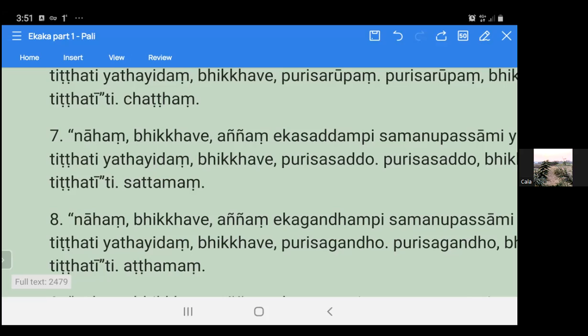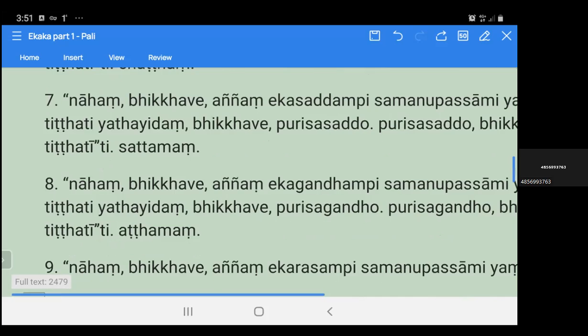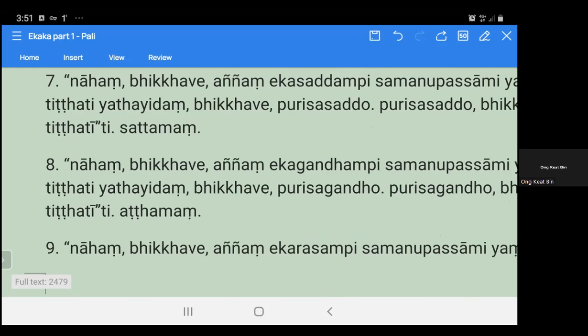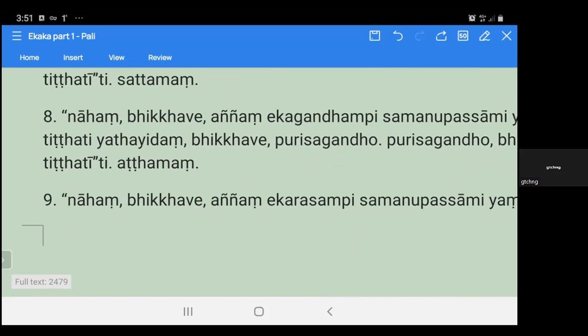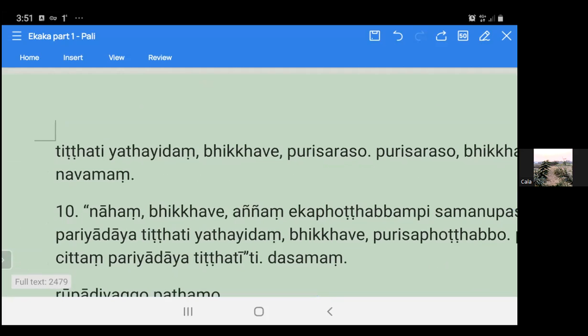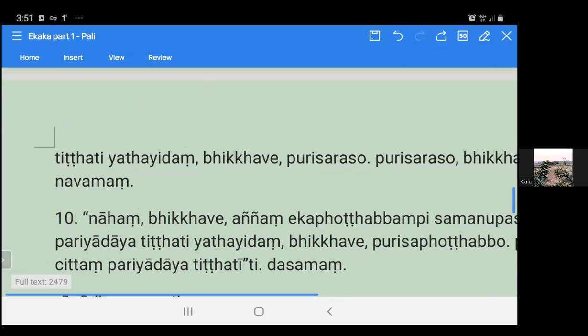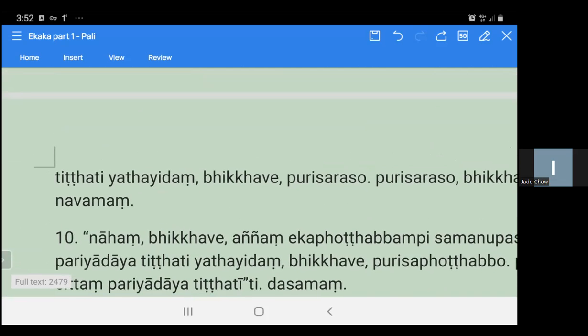Buddham saranam gacchami. Paṭhamaṃ. Buddham saranam gacchami. Okay, number 9 is Nāvaṃ. Buddham saranam gacchami. Dasamampi.